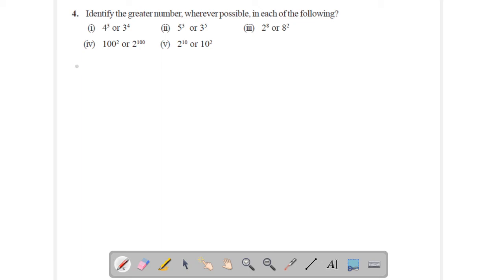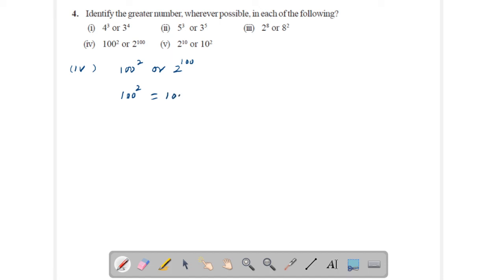Now come to fourth part. It is 100 raised power 2 or 2 raised power 100. Say first number, 100 square. 100 square means 100 is multiplied 2 times.